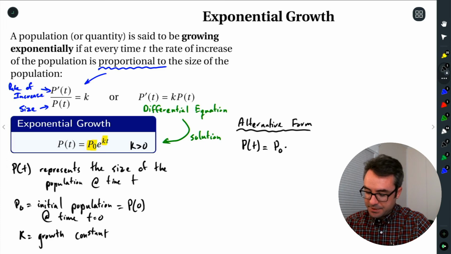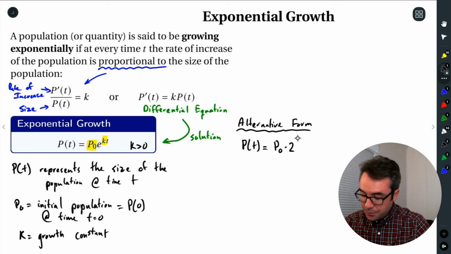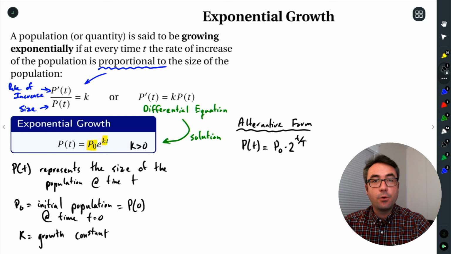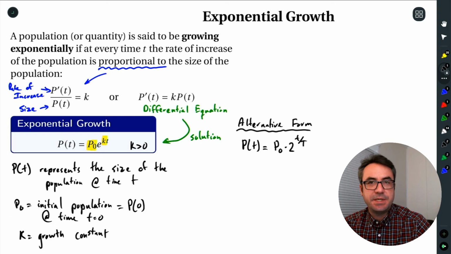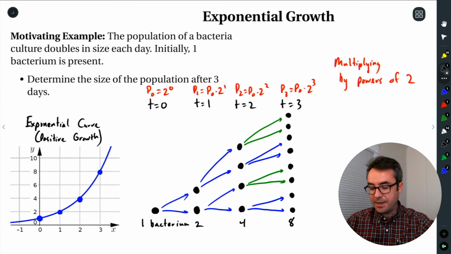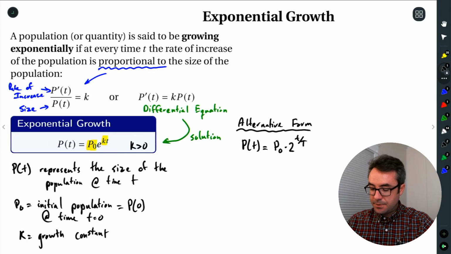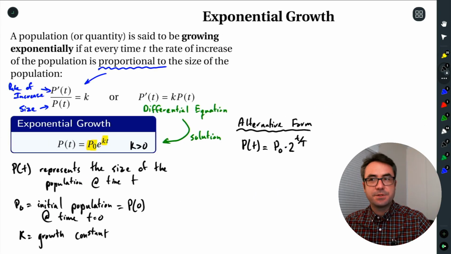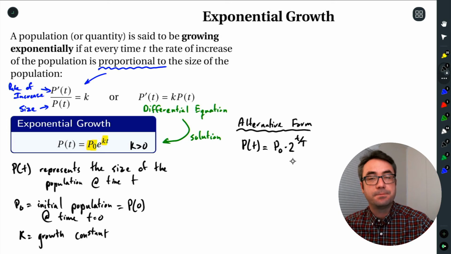So we can also think of this as the starting population, P0, times 2 raised to the power t over what we're going to call capital T. Now this form agrees with what we were seeing in our motivating example, where the population was going up by powers of 2. Sometimes this alternative form is a little bit easier to conceptualize, because we have our initial population and then we're just multiplying by powers of 2.